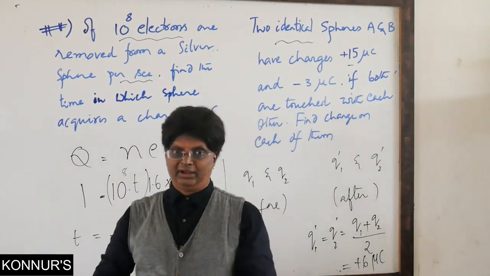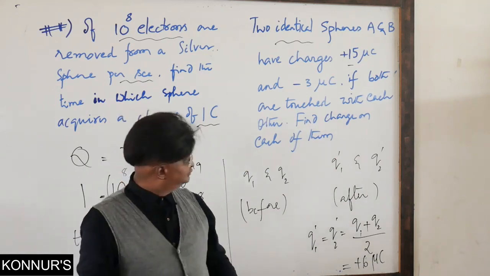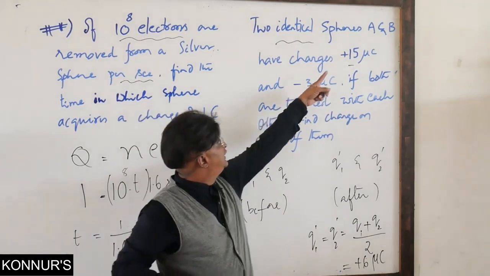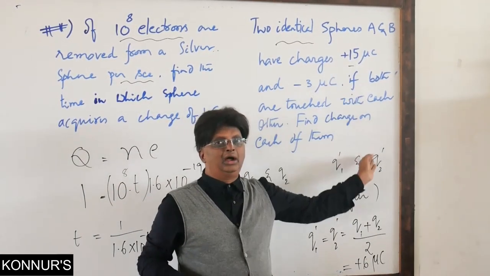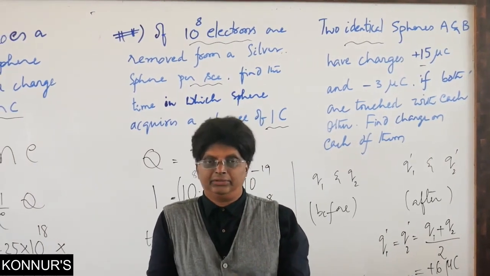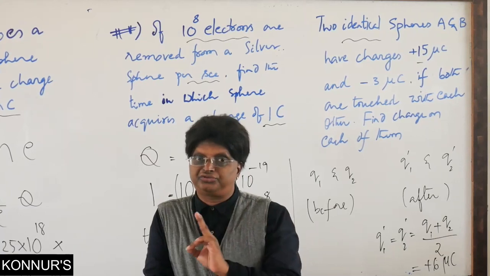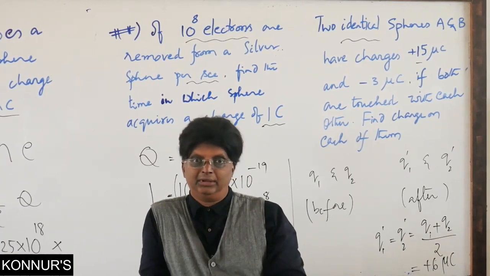One more important point is that before touching, it was both positive and negative, so they were unlike. After touching, only like charges appear. The numbers are 6 and 6, and you can see that it is only positive charge on both of them.